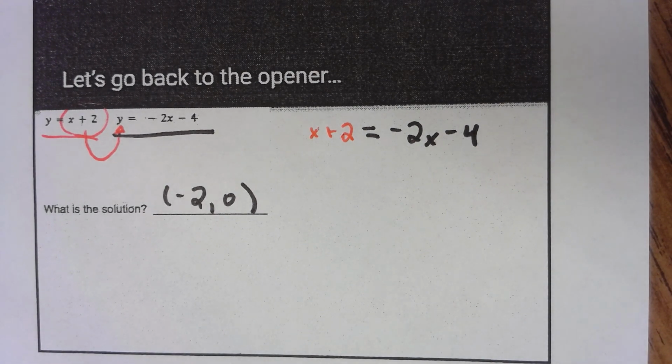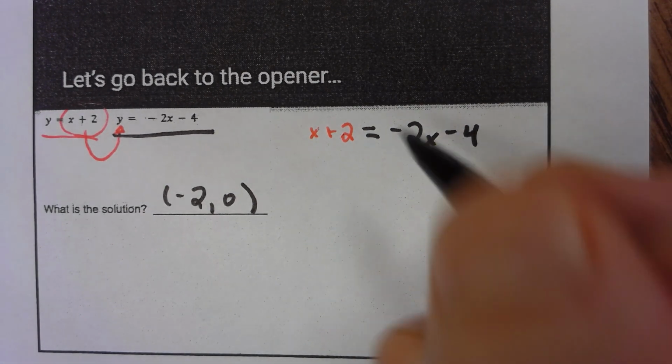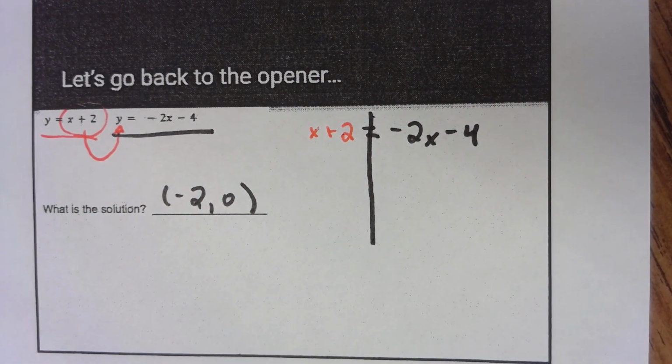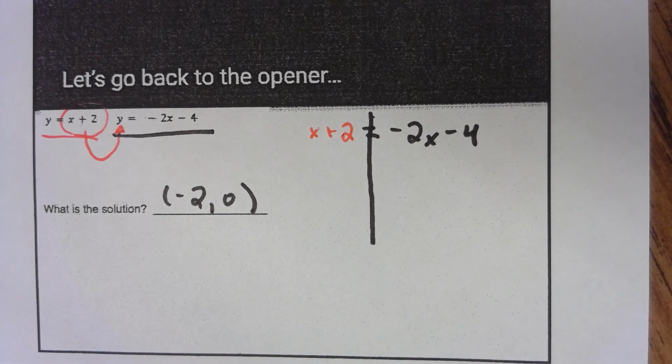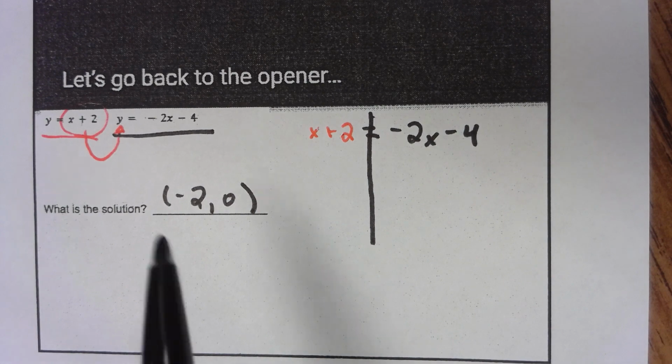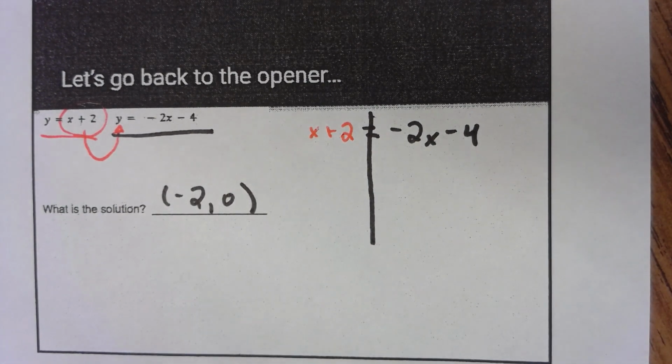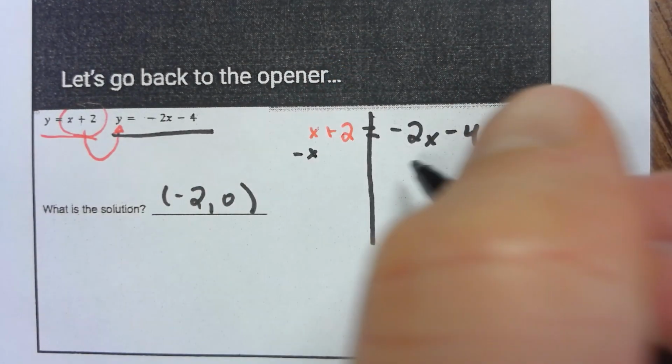And now I can work on solving for x from here, just like what we did first semester. Remember first semester, I was big on having us always get one side to be 0. We don't need to do that. In fact, now that we've gone through that whole unit, I'm going to take the most efficient way for us to solve equations. In this case, I like my x's to be positive, so I'm going to subtract x from both sides.